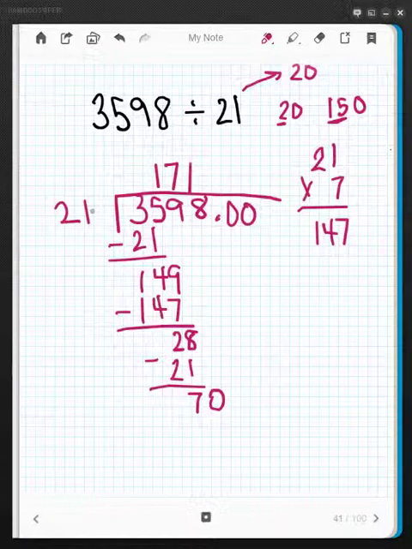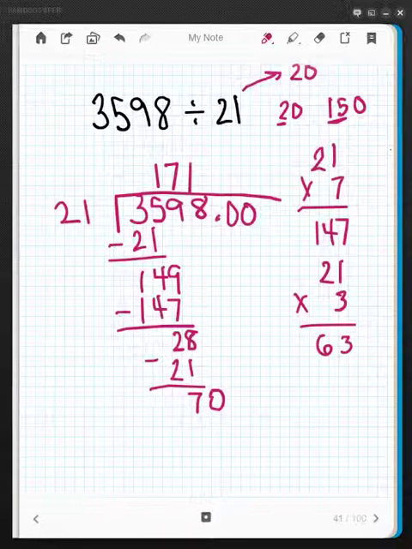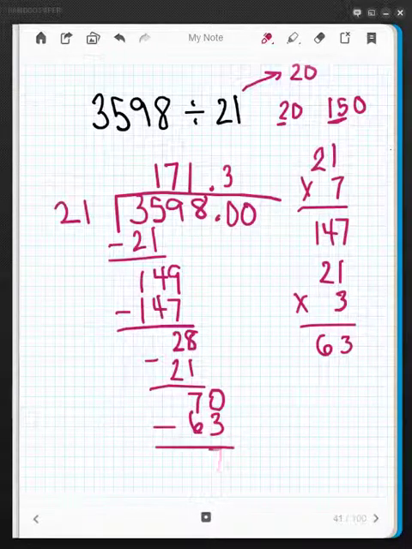And so now I say, okay, well, 20 will go into 70 how many times? Well, that would be about 3, wouldn't it? So let's try 3 and see what I get. So this looks like 63. 3 times 1, 2 times 3. So 63. So my decimal comes up because I'm passing it, right? So here's my 3, and this is 63. And then I subtract and I get 7 again, and I bring down the 0.